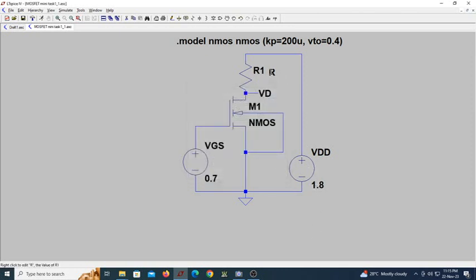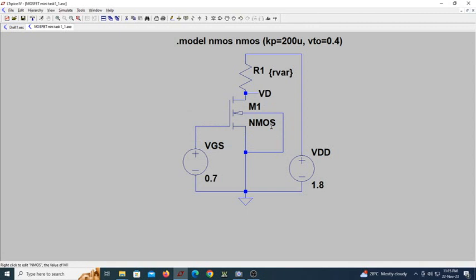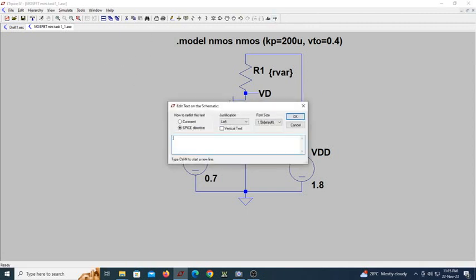Now let me sweep this value of R. For that, as all of you know, I need to replace it by, within curly bracket, some name, RVAR. There is a varying parameter, so I will use dot step param. I'm varying a parameter, that parameter is RVAR. It should be the same name as I have given here.